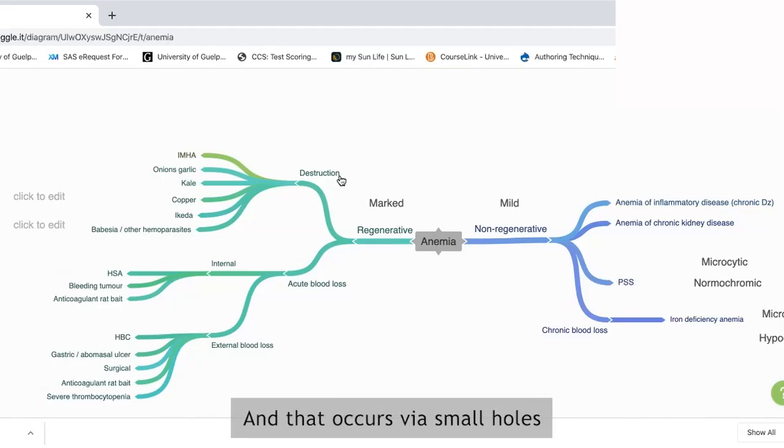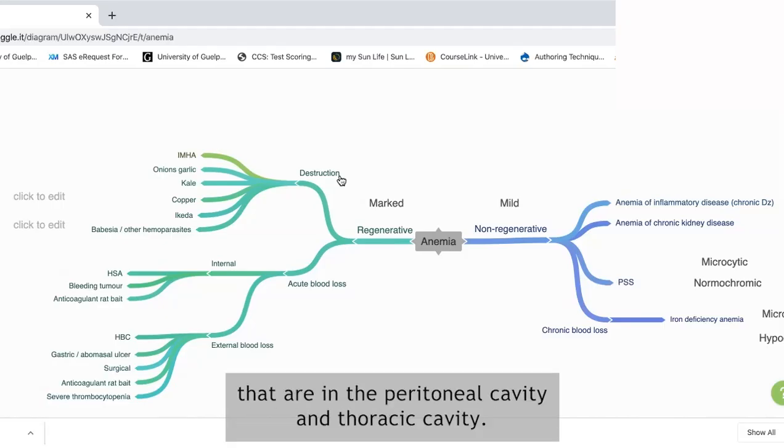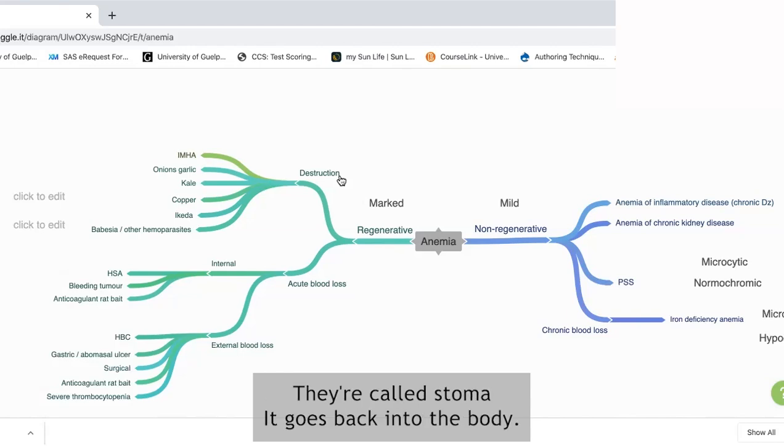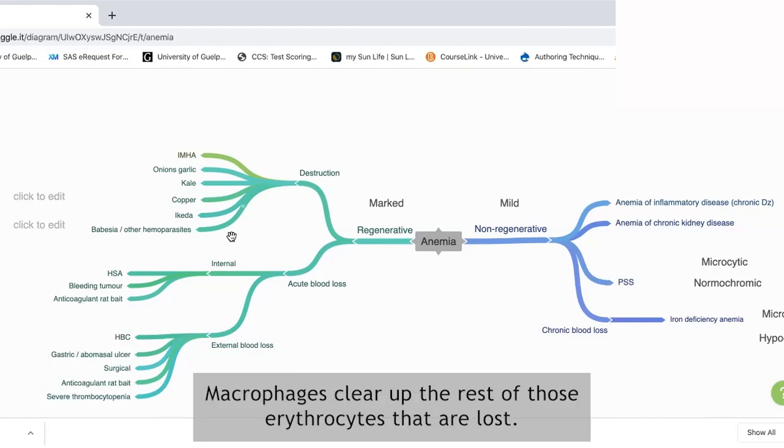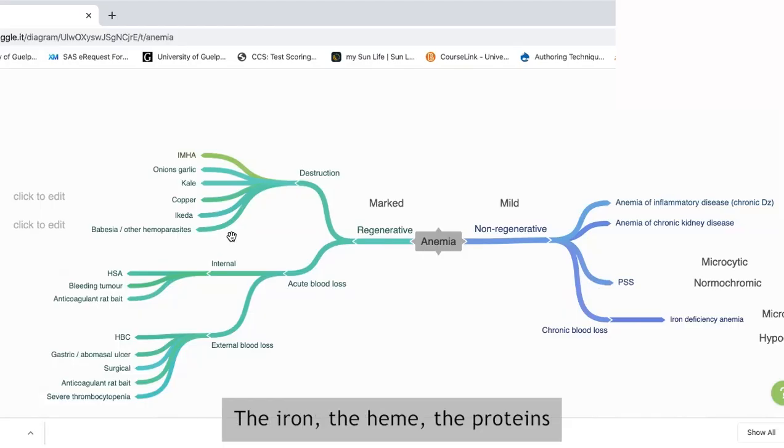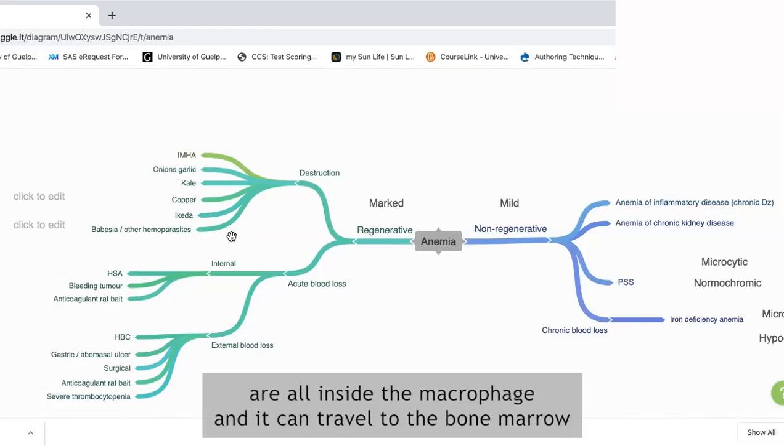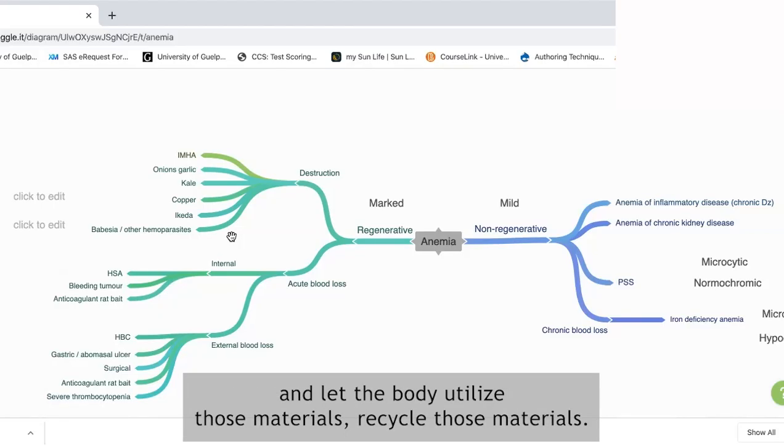And that occurs via small holes that are in the peritoneal cavity and thoracic cavity. They're called stomata. It goes back into the body. Macrophages clear up the rest of those erythrocytes that are lost. The iron, the heme, the proteins are all inside the macrophage, and it can travel to the bone marrow and let the body utilize those materials, recycle those materials.